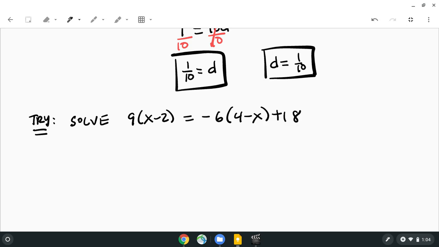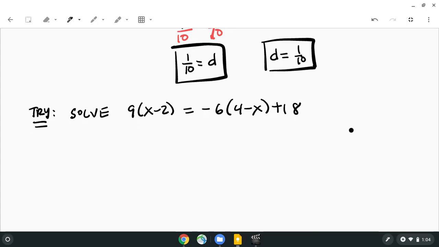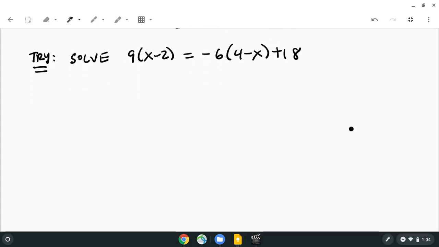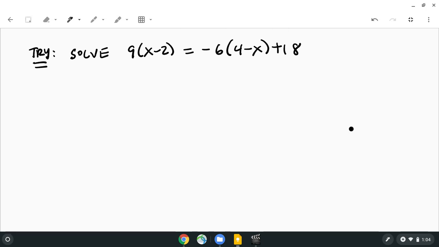Okay, so go ahead and hit the pause button, work this one out, and then when you're done, come back and check to see if you got the same answer. All right. If you got x equals 4 for your answer, then you are correct. If you didn't, then watch how I work this out.